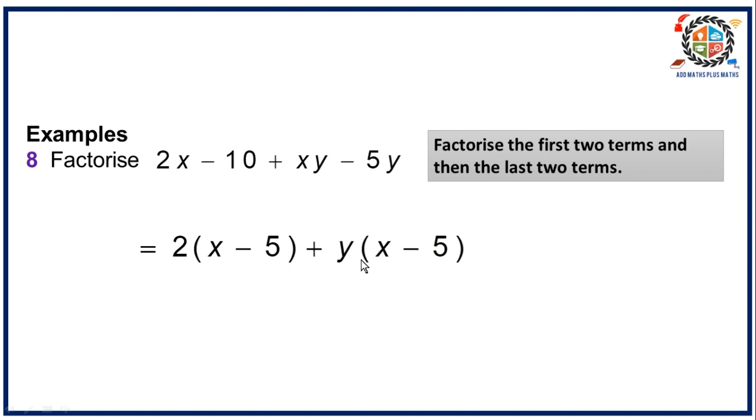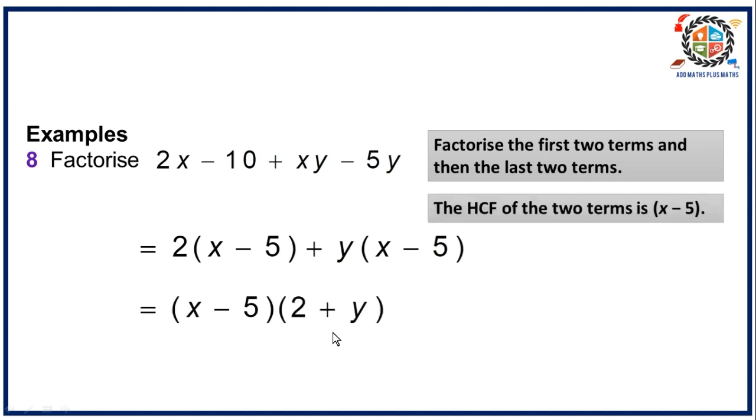Okay, you will now notice that x minus 5 is common to the two terms I have here. So this is the first term, and this is the second term. x minus 5 is common. I'll bring that x minus 5 out in front, and I'll put 2 plus y following that x minus 5.